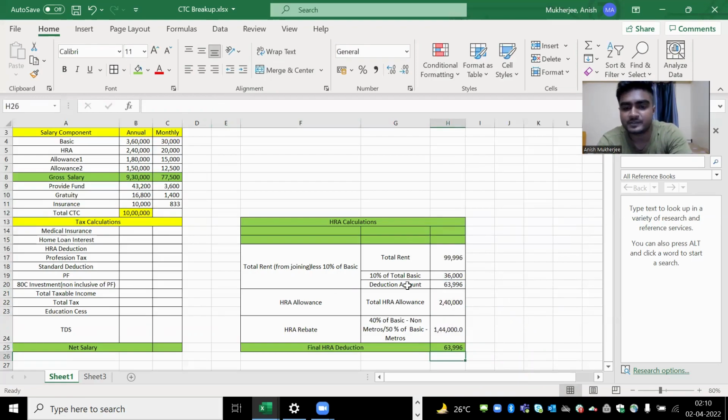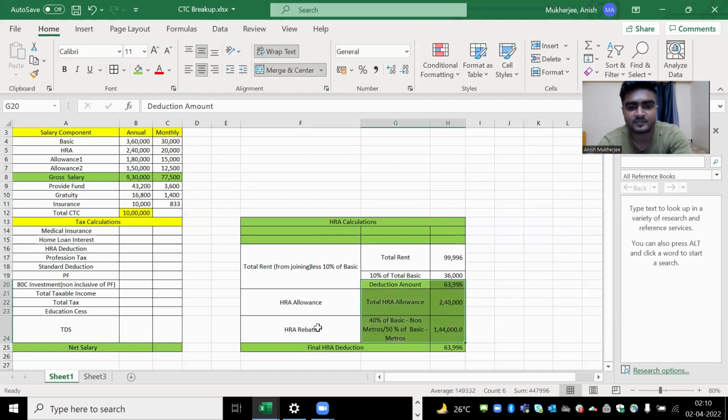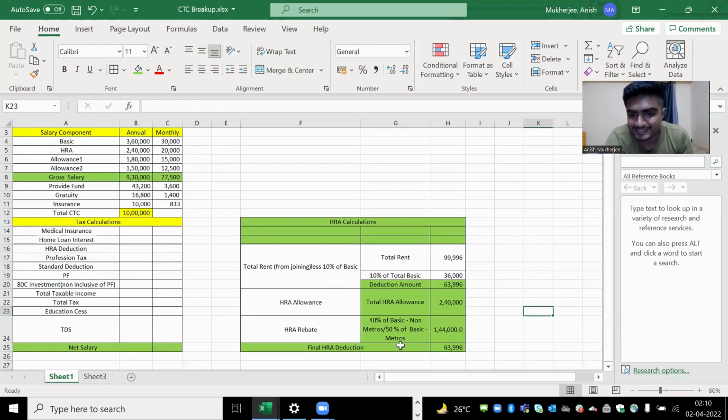This is my step 1, this is my step 2, and this is my step 3. This is what you can claim as the HRA deduction.